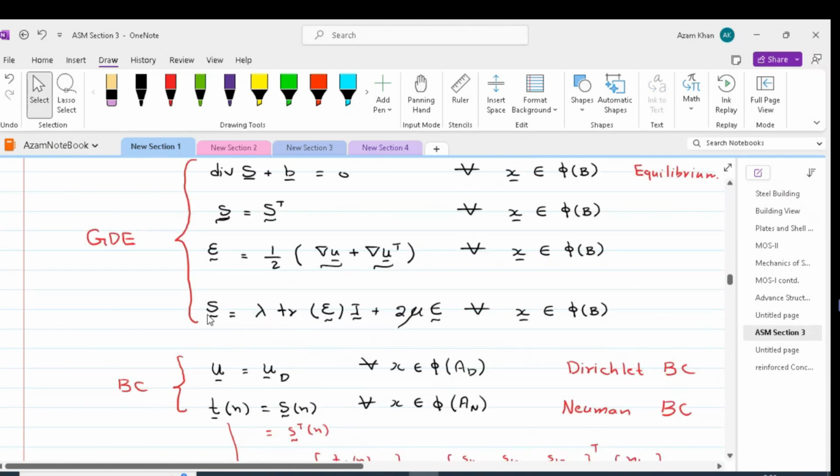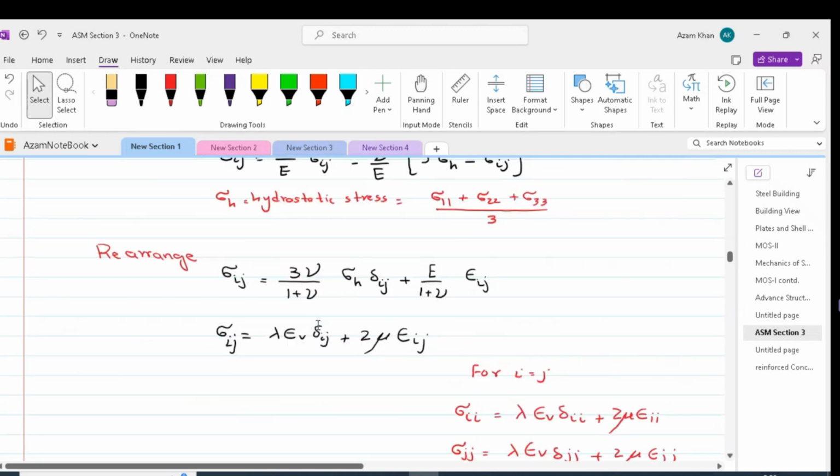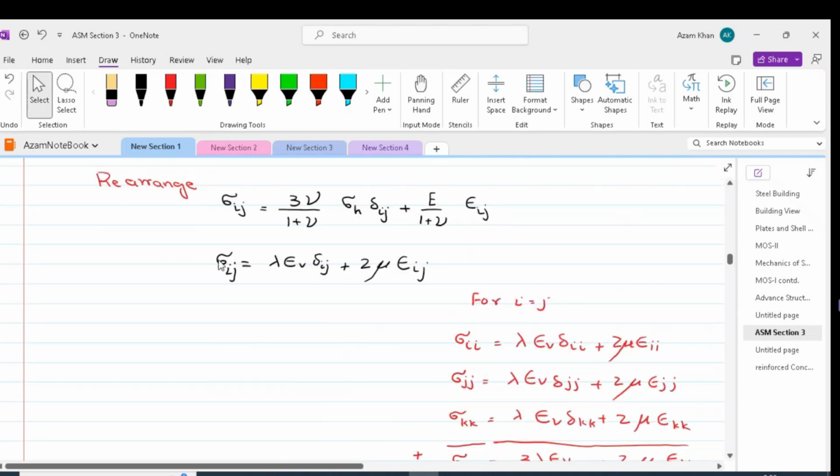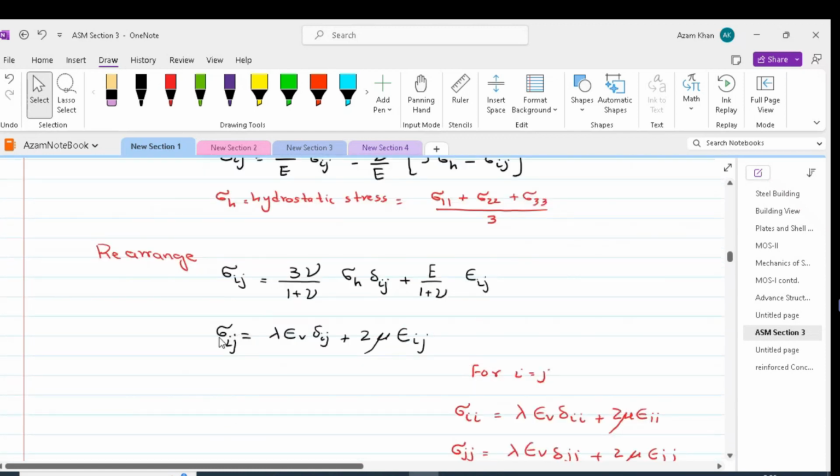Earlier, we defined our stress sigma equal to lambda trace of epsilon I plus 2 mu strain tensor. So this is the same equation which we just derived. Stress, which is S written over here, component wise, we have written sigma equal to lambda times epsilon v.